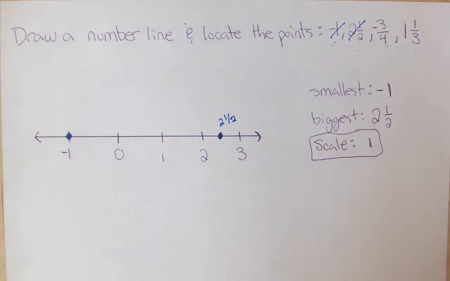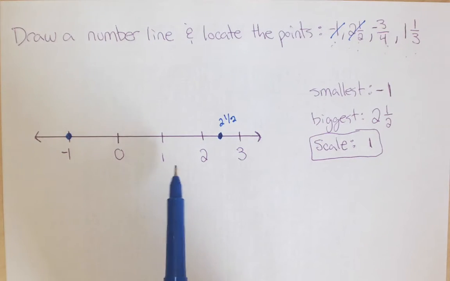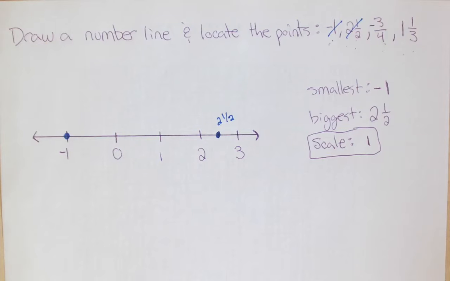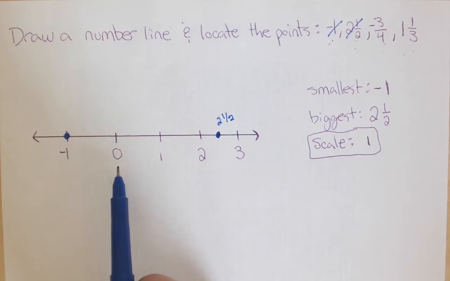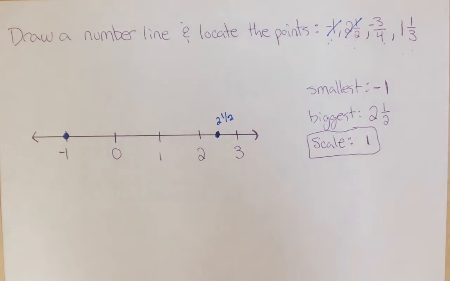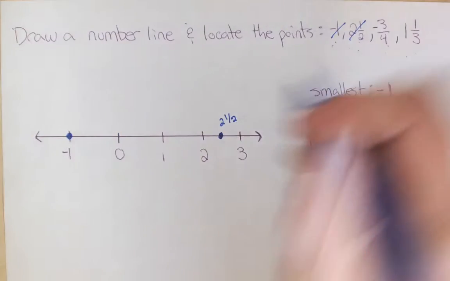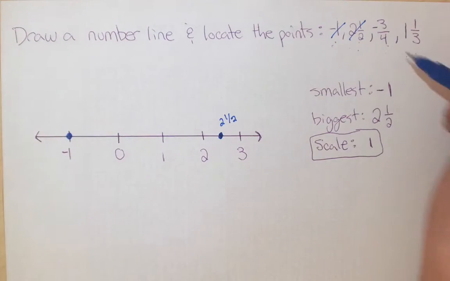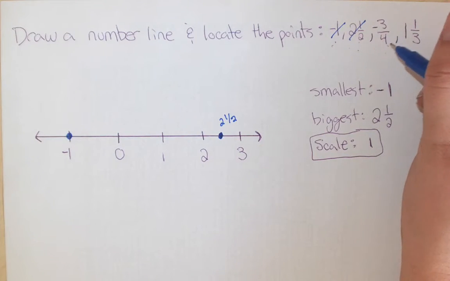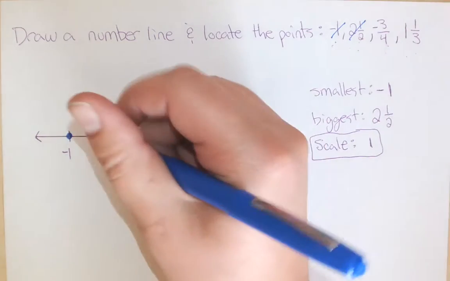I'm done. The next one I'm looking at is -3/4. So I know that +3/4 is between 0 and 1 on the number line, so -3/4 should be between 0 and -1. Now this is where it gets a little bit more challenging. I actually want to split my chunk right here into 4 pieces because I have fourths as my denominator.